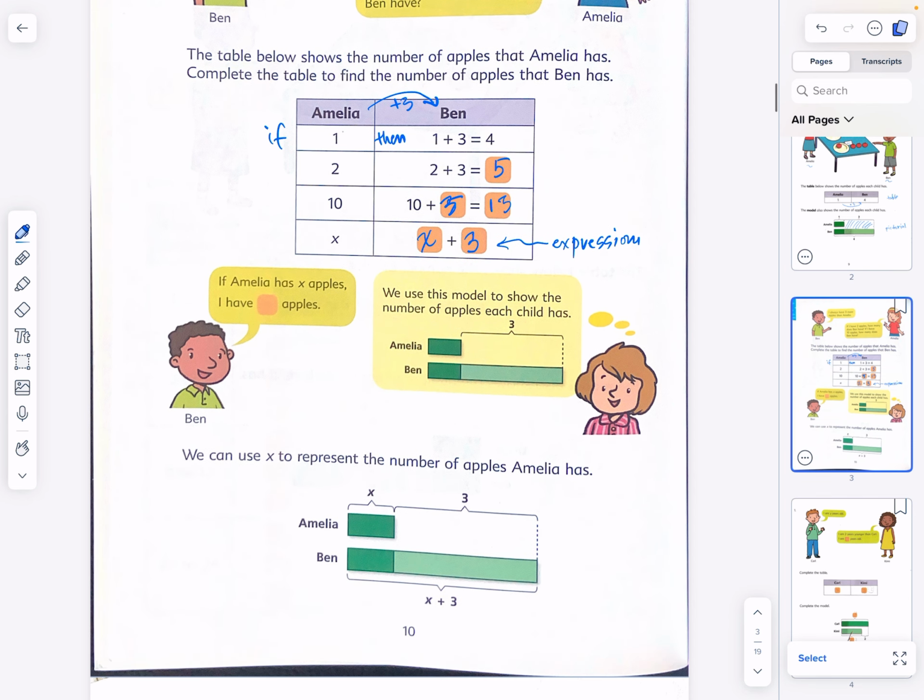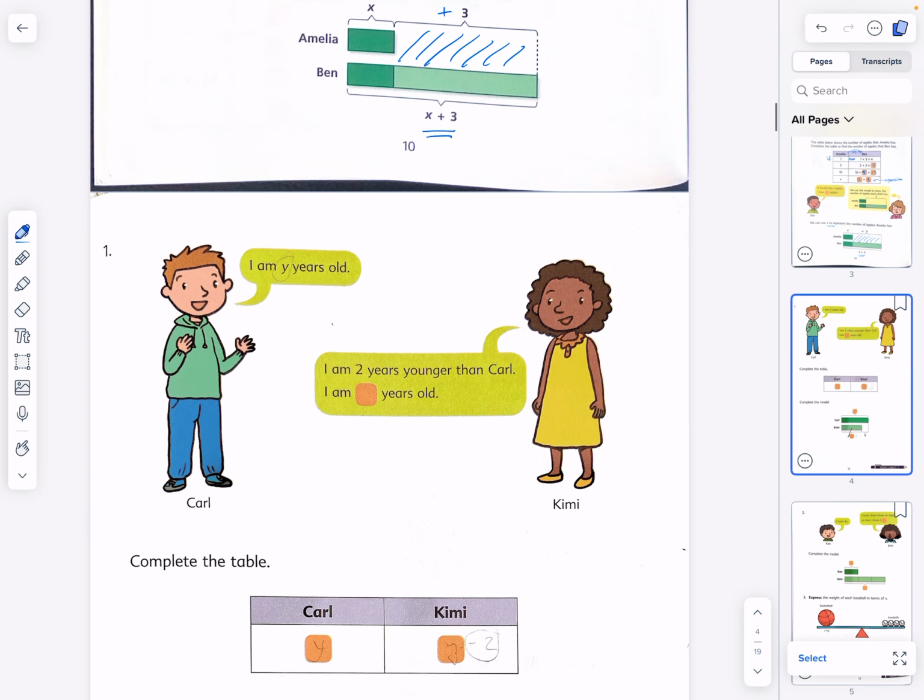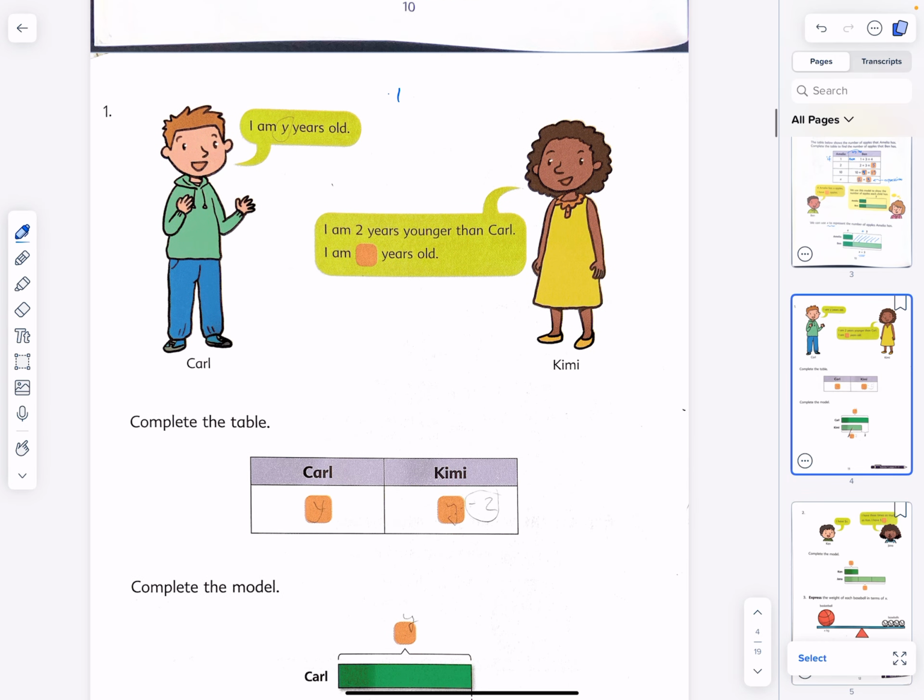So we can use X to represent the number, and we can express Ben's apples in terms of X. So again, the difference is plus 3 for Ben. Ben has 3 more, Amelia has 3 fewer, and so on. Let's practice. I call it translate from English to algebra.